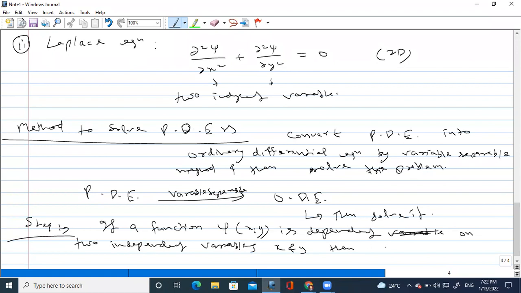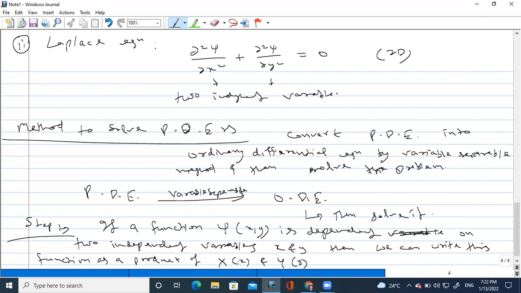then we can write this function as a product of X(x) and Y(y). So here X is a function of x, Y is a function of y.